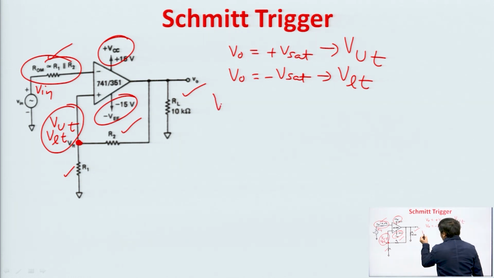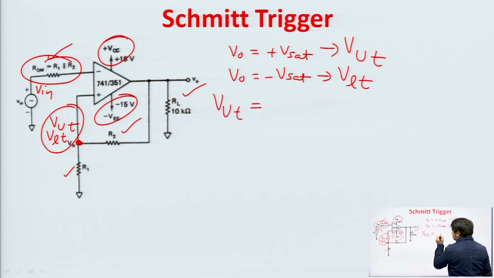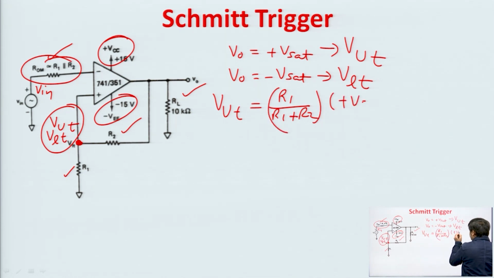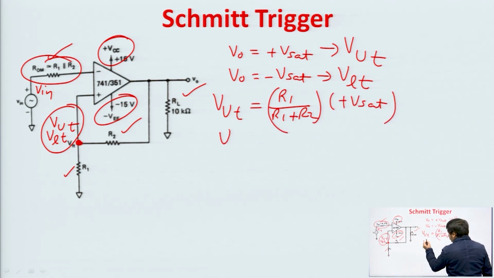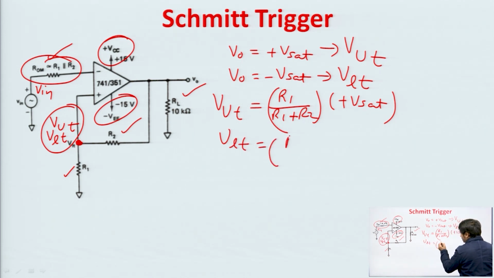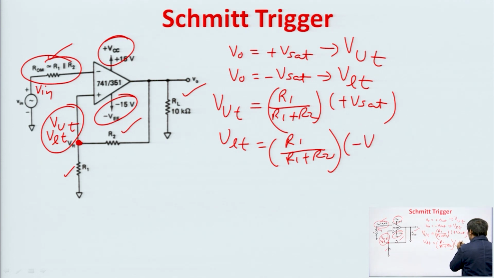So, what will be the value of upper threshold and lower threshold from this circuit? From the voltage divider, VUT will be R1 upon R1 plus R2 into plus Vsat, and VLT will be R1 upon R1 plus R2 into minus Vsat.